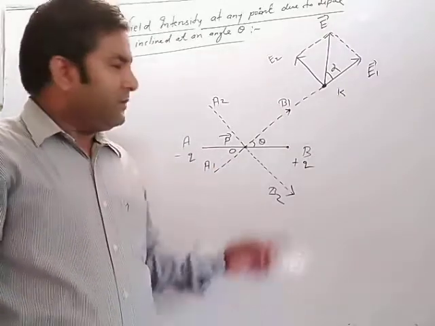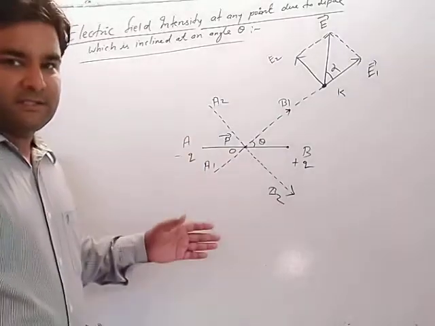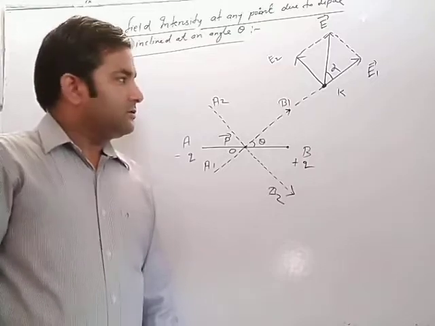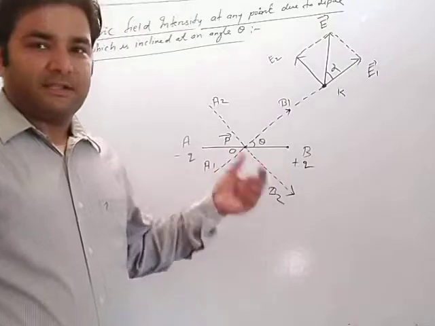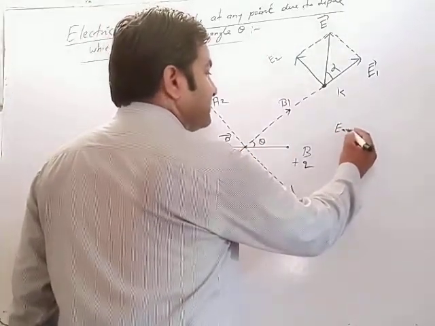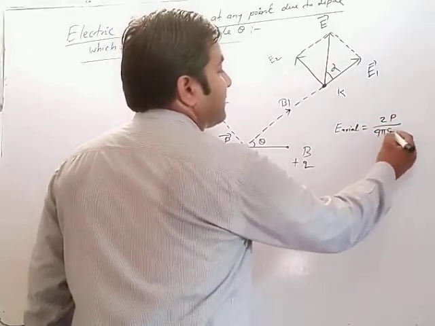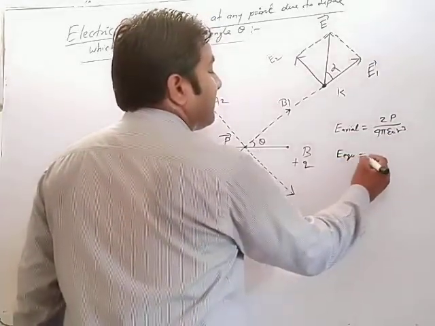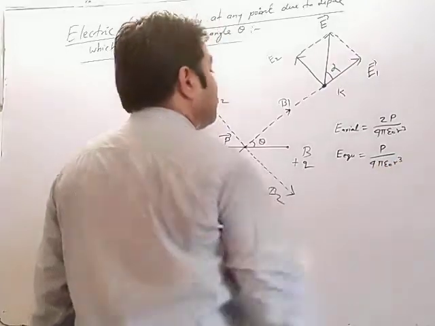Always remember, whenever the diagram concept is clear, you can derive the whole derivation up to the last step, that is the formula, very easily. So in this derivation, apart from the diagram, we need the value of intensity in axial condition, E axial equals 2p upon 4 pi epsilon naught r cube, and E equatorial is p upon 4 pi epsilon naught r cube.